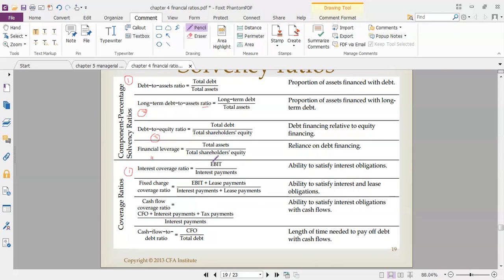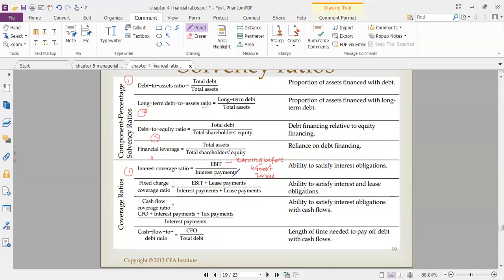Earnings is our profit, the profit before deducting interest and taxes. EBIT stands for earnings before interest and taxes, divided by the interest payment.